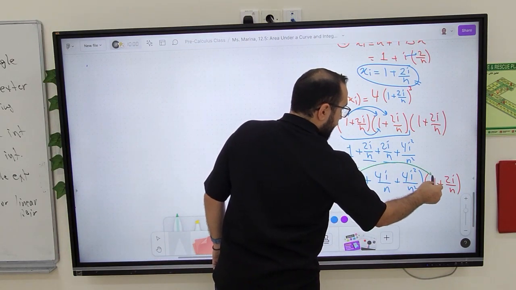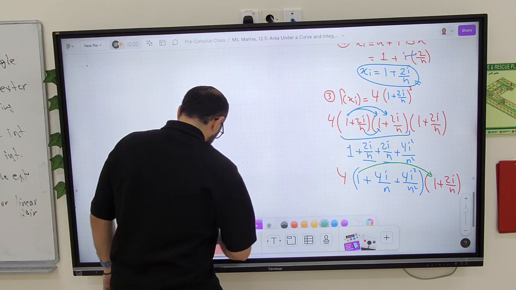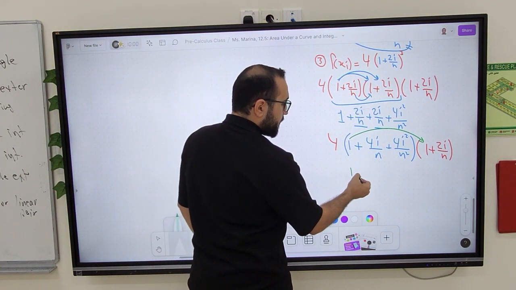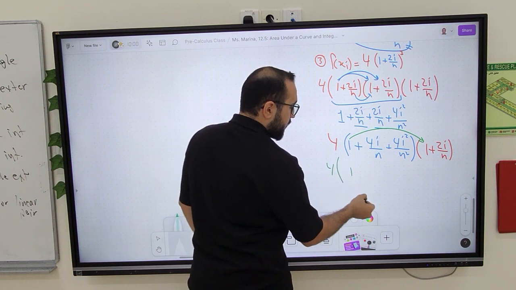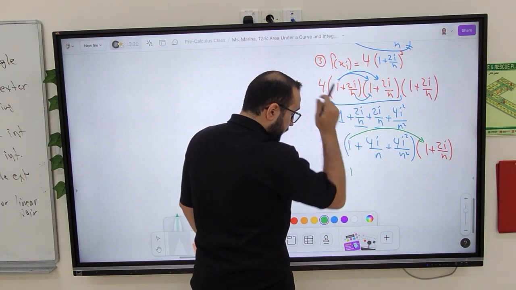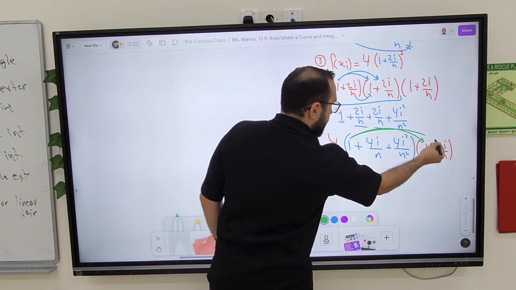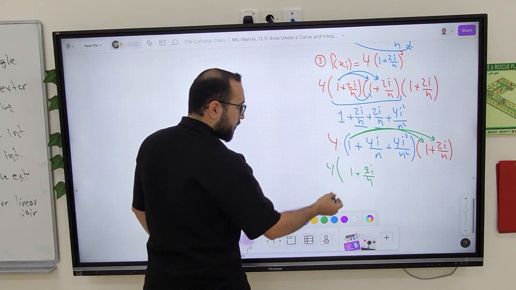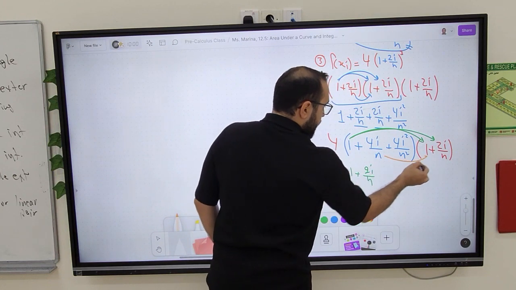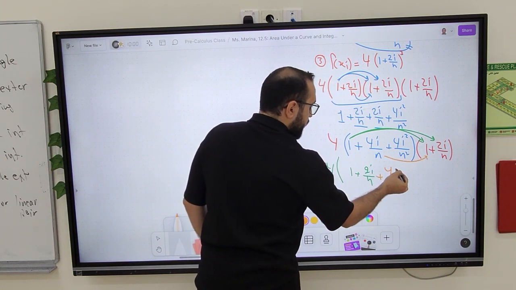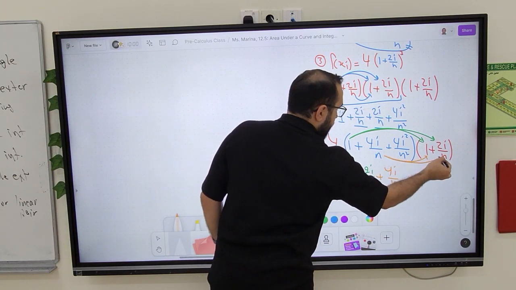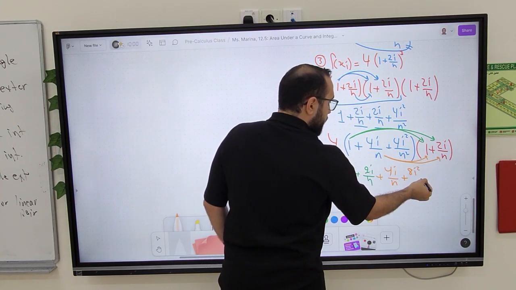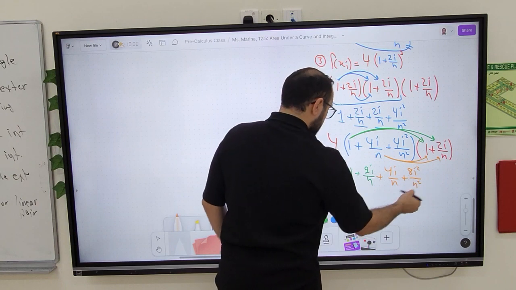So now 1 times 1 is equal to 1. Keep the 4 outside, it's fine. So 1 times 1 is 1, plus 1 times 2i over n, 2i over n. Okay, now 4i over n times 1, same thing, no change, 4i over n. 4i over n times 2i over n, 4 times 2 is equal to 8i squared over n squared, plus.